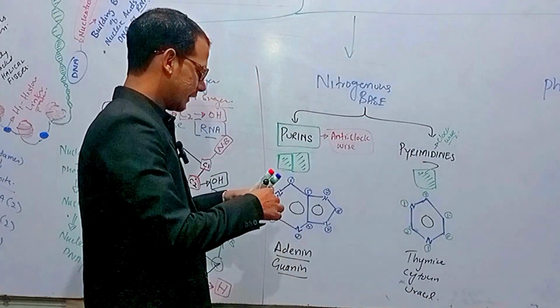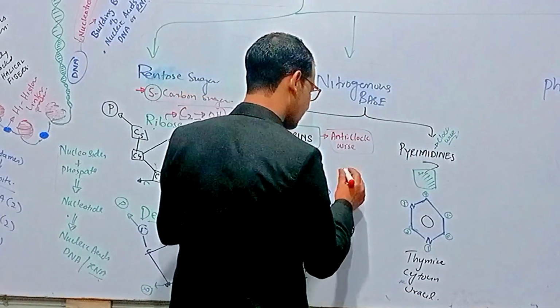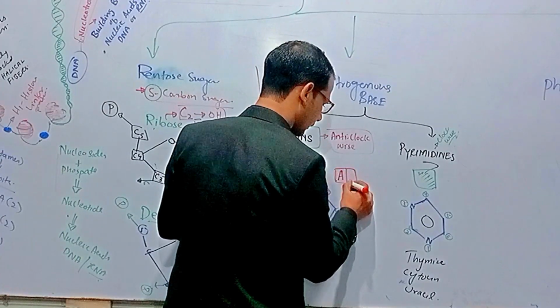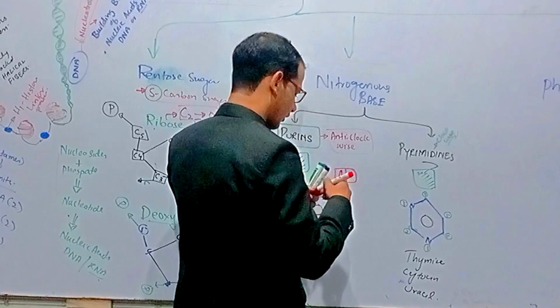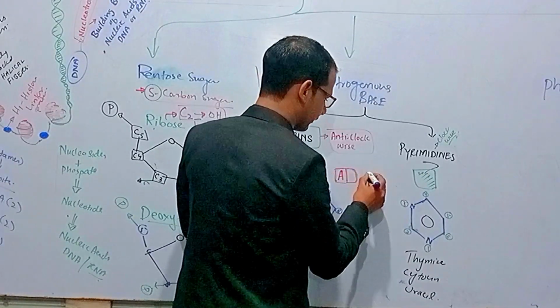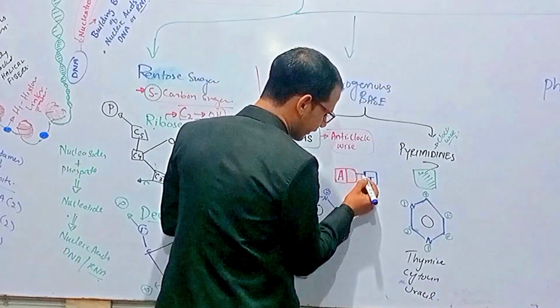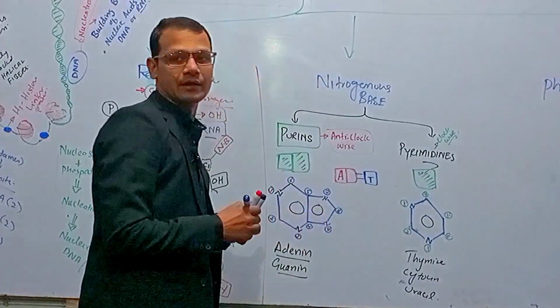Adenine will always make a bond with thymine, a double hydrogen bond.